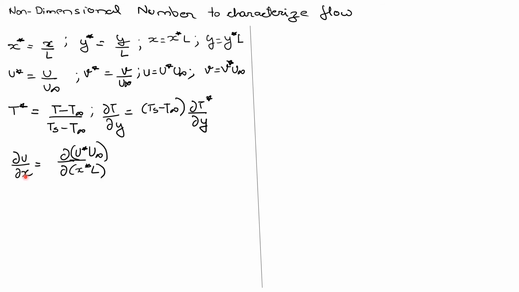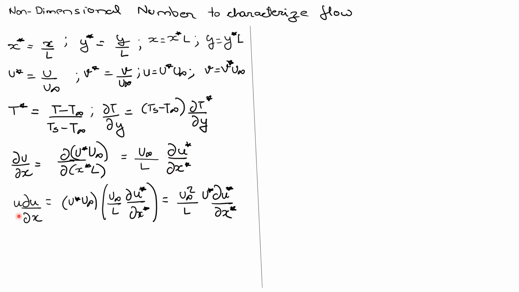Our del u by del x, we'll substitute u by u star into u infinity, and x by x star into L. So our del u by del x will be u infinity by L into del u star by del x star.